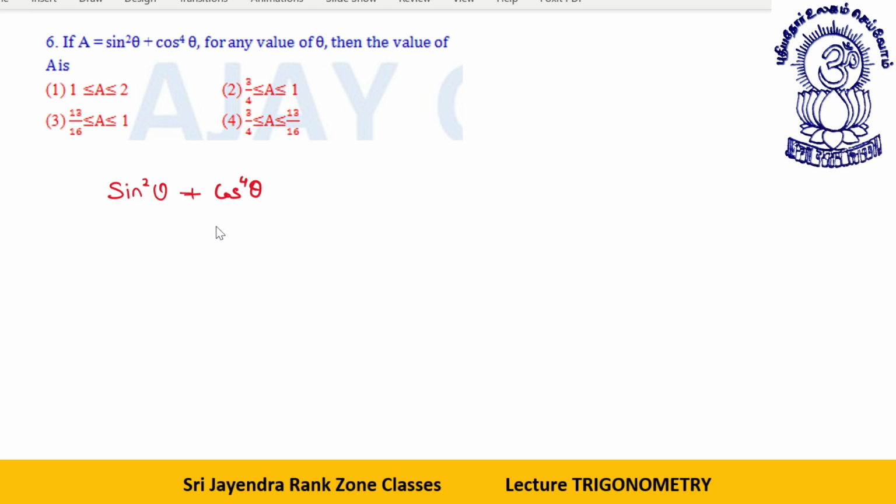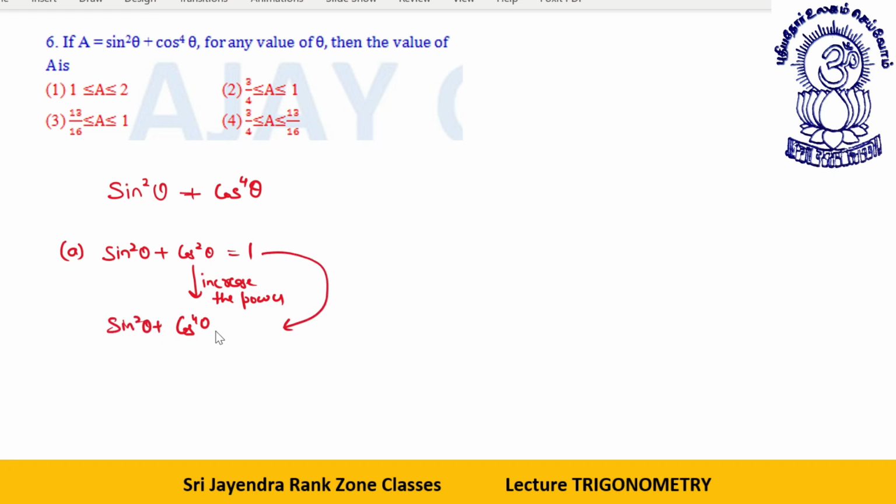First of all, dear students, point number A: sine square theta plus cos square theta is equal to 1. Both sine and cos are lesser than 1. If you increase the power, let's say cos 4 theta, what will happen?